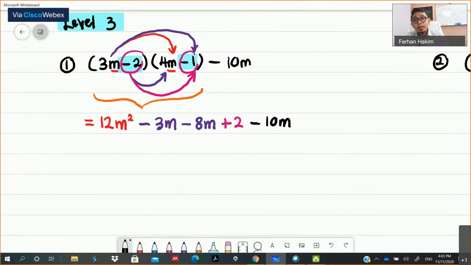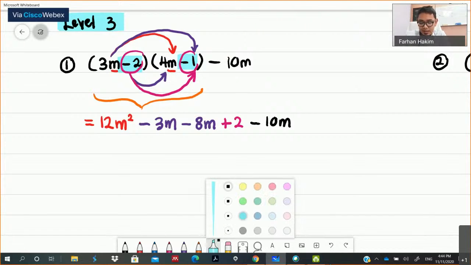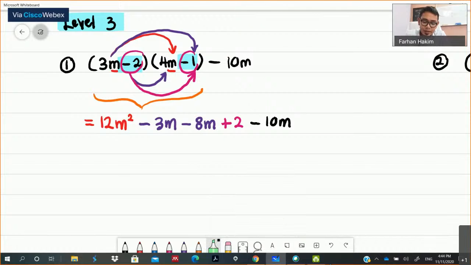So now, this is the part that we have to collect all those like terms together, and then we have to add or subtract them so that we can simplify. So in this case, we note that those like terms are, all right, let's say, green color. Negative 3m, lagi, all right, negative 8m lagi yang dia like terms.